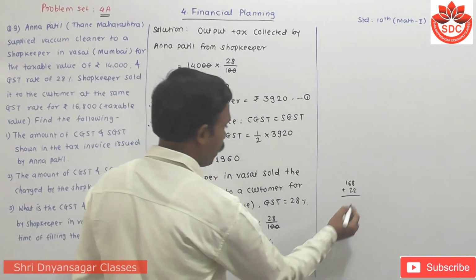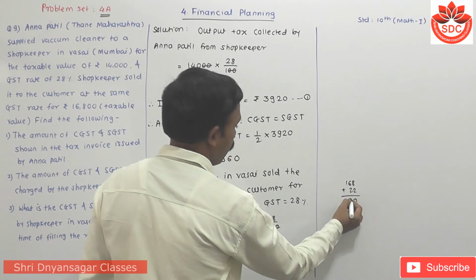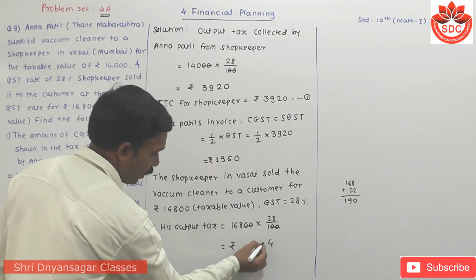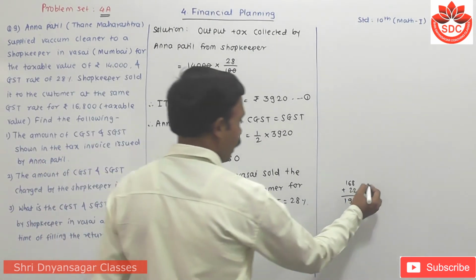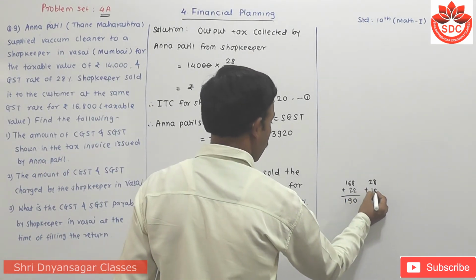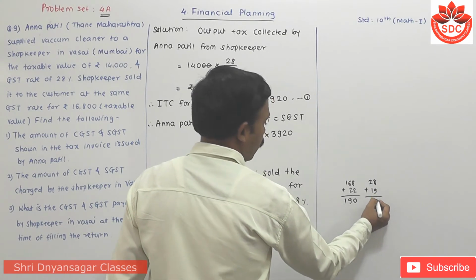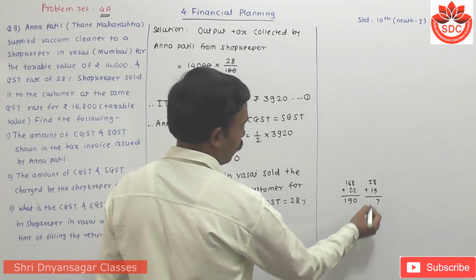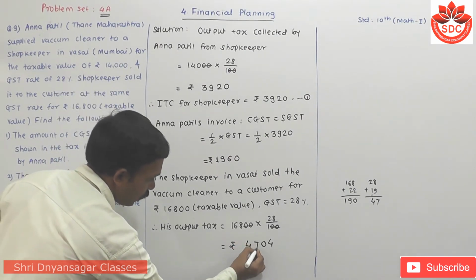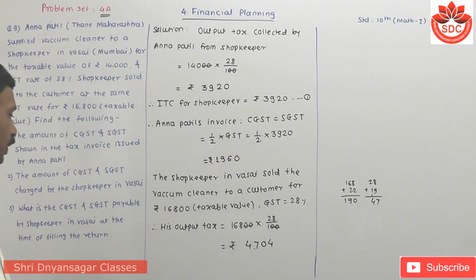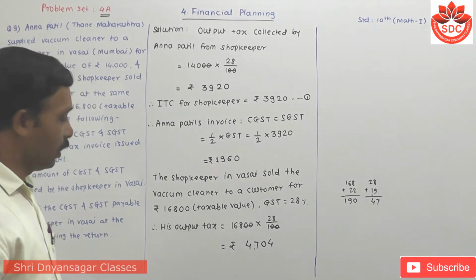Then it becomes here 10 9s are 190, carries 90, 28 1s are 28 plus this 19, 17 carry 1, this is 4, means that this is 4,704 rupees, output tax here.